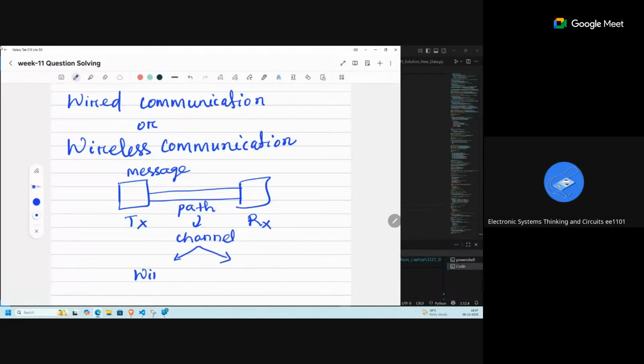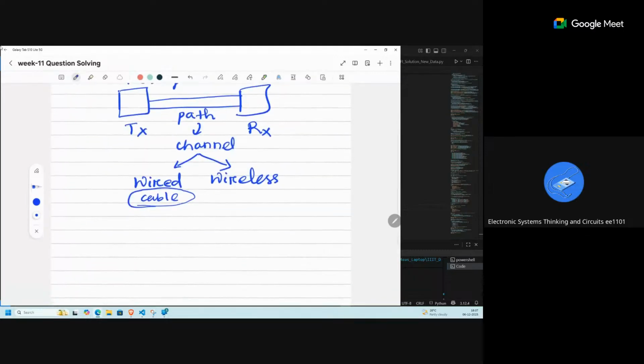One is the wired channel, another one is the wireless channel. What does wired channel mean? Some cable, fiber optic cables, or physical cables are connected between the transmitter and receiver. Then only that path or channel is known as a wired channel.